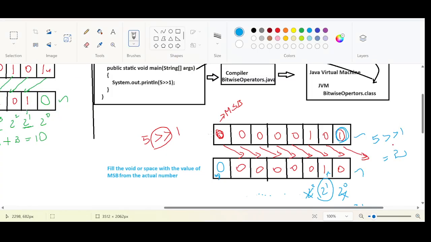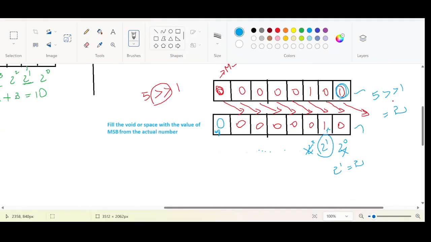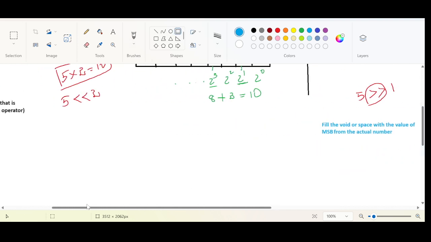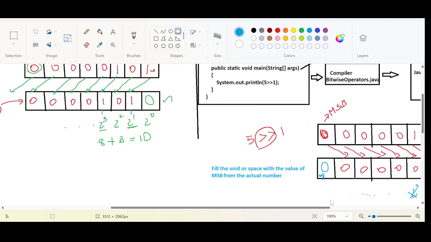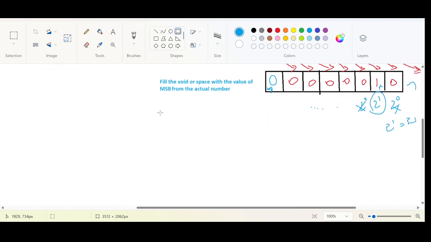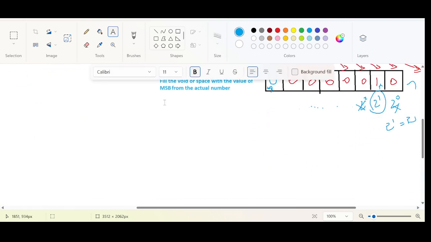So what is happening here? There is a pattern, an algorithm hiding behind this right shift operation. If you use the left shift operator, every time it is getting multiplied by 2. But if you do the right shift operator, every time it is getting divided by 2, but it is considering the floor value. What is the floor value?